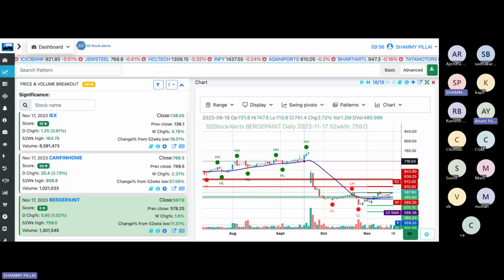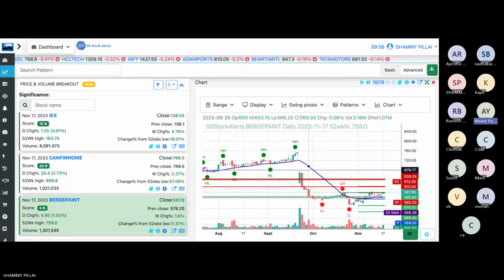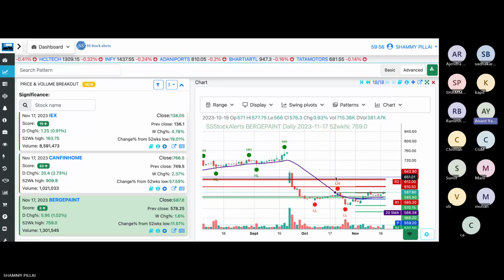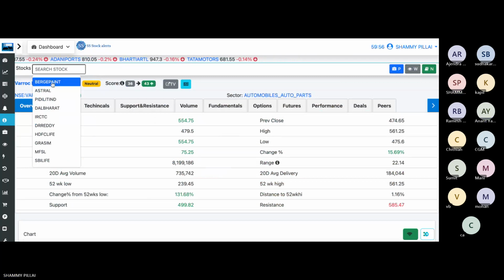No, it is that 716. 716 to 679. So 680, if it crosses, then it may go to 720 or about that. Correct. So structurally, you should see the price story. Okay.